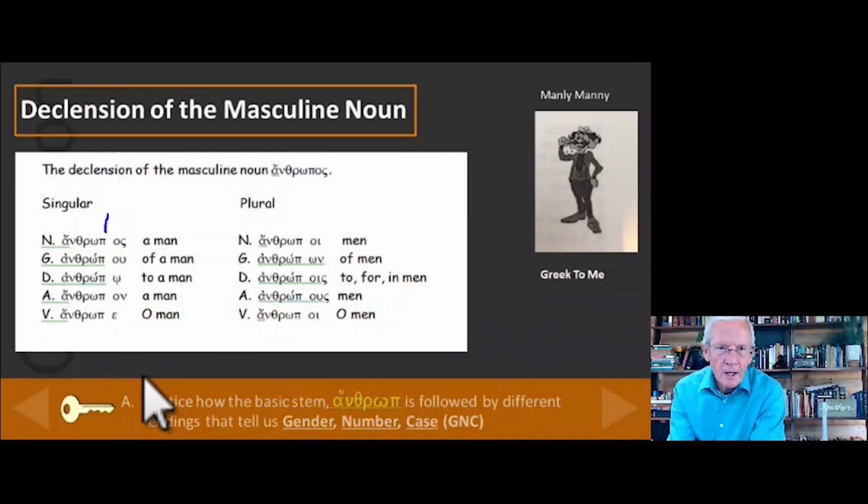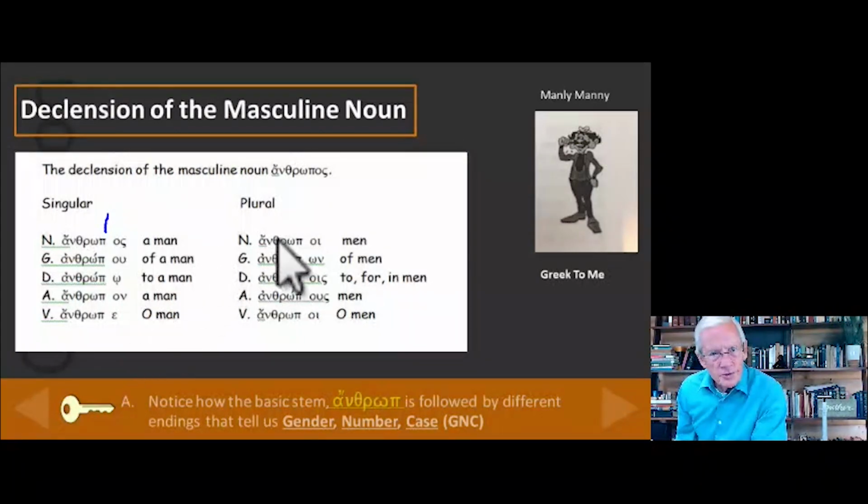Plural. Anthropoi, anthropon, anthropois, anthropous, and anthropoi. So you have the basic stem anthrop, and there are attached 10 different endings to the stem.